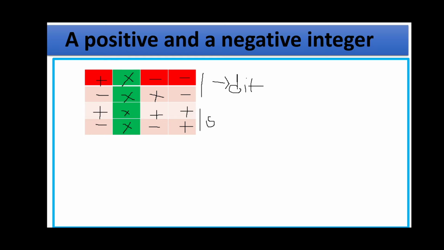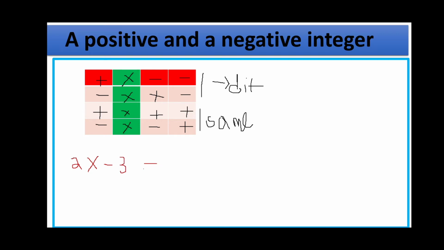Now let us start this integers multiplication with some examples. So now here I am taking two integers. One is a positive integer and the other one is a negative integer. So 2 into minus 3.